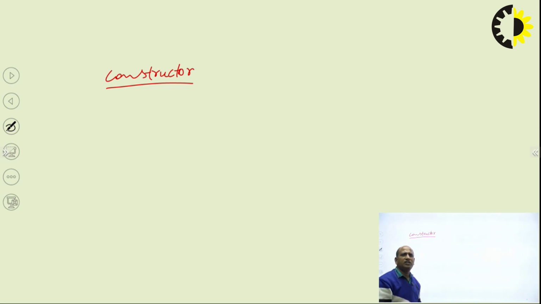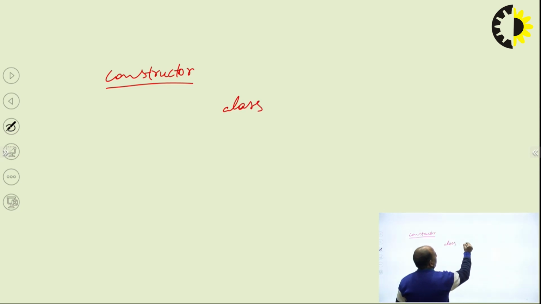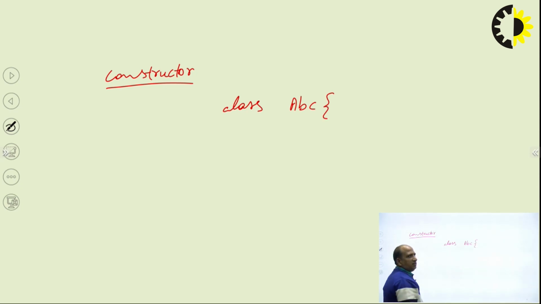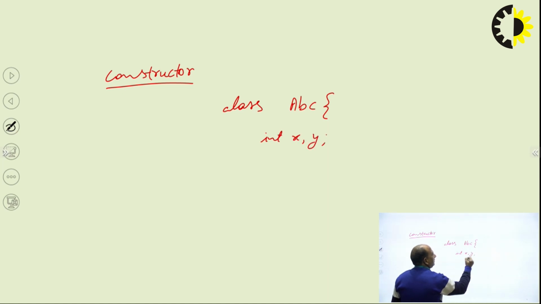Let's understand it by some program. Let's say I have created a class ABC, and this class has certain variables, like x and y. In Java, each and every variable must have some initial value.